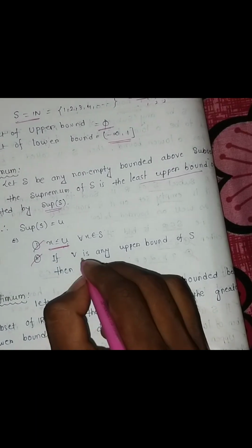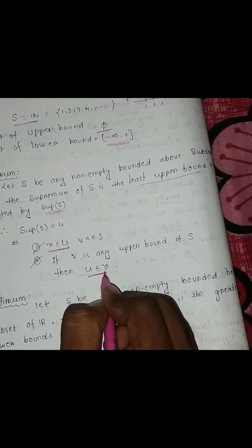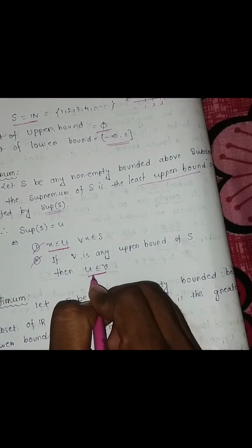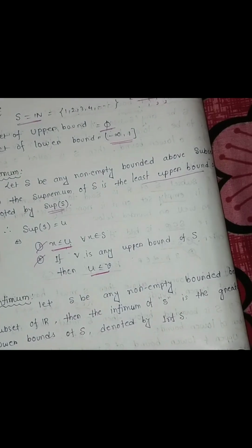First of all, it has to be an upper bound, and secondly, if V is any upper bound of S, then U is less than or equal to V. That means U is an upper bound, and for any other upper bound V, U is less than or equal to V. That means U is the least. Then this is called the supremum.